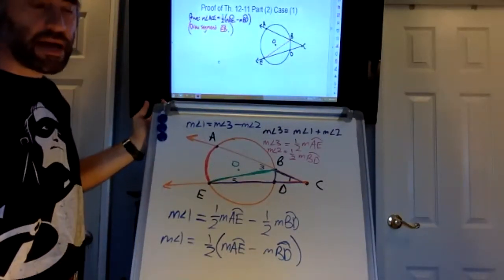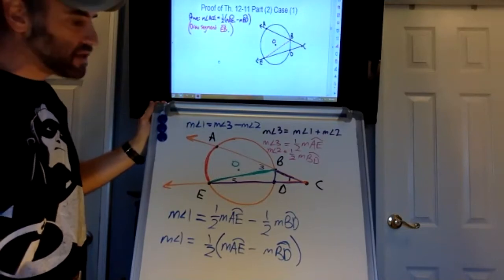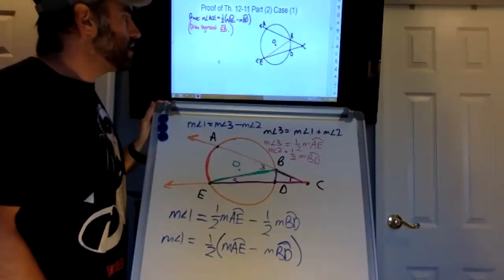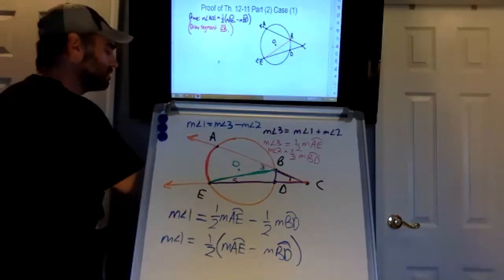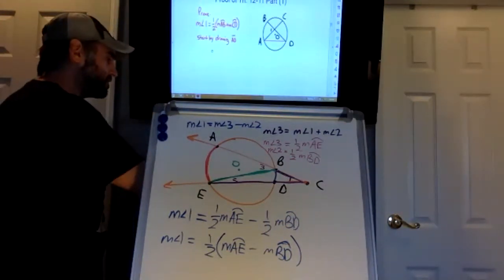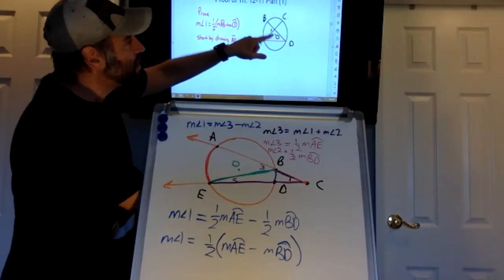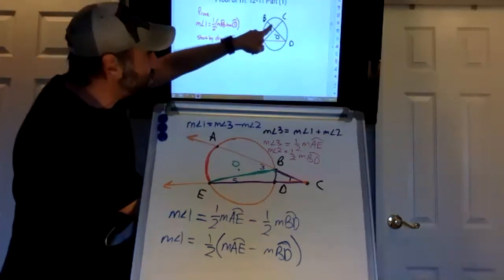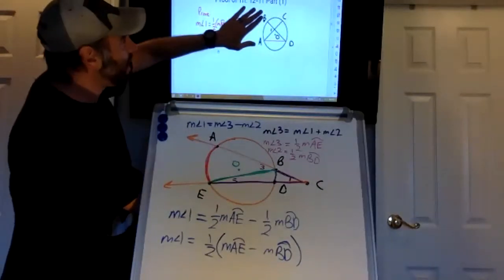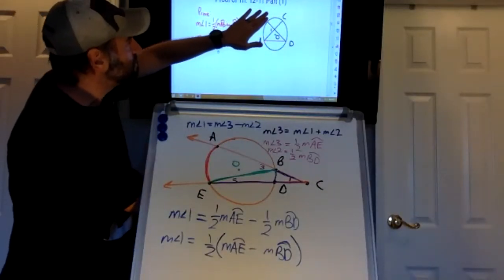It could never be a tangent, right? Tangents cannot go inside of a circle. Secants can go inside of a circle, right? So we had two secants or chords meeting inside the circle, but tangents could never end up in here.